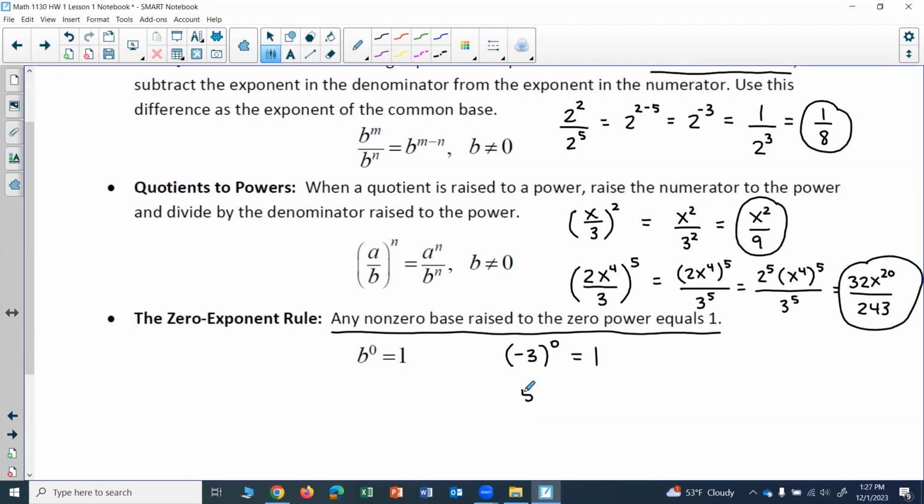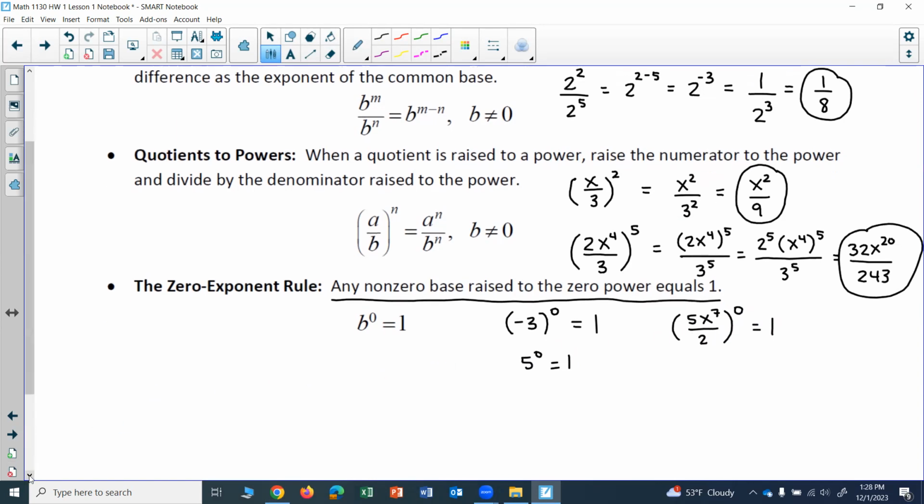If I had 5 to the 0 power, that would equal 1. If I had some complicated expression like 5x to the 7th over 2, and that whole thing in parentheses is raised to the 0 power, that's equal to 1.